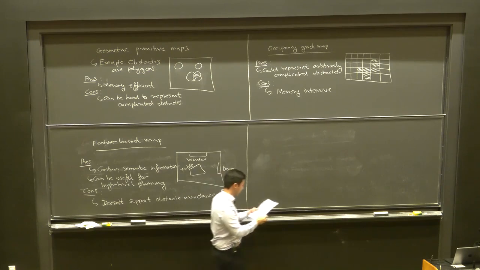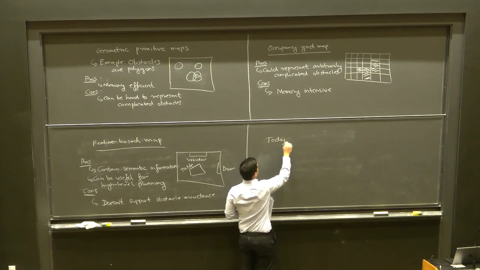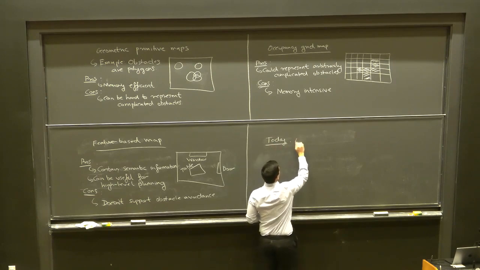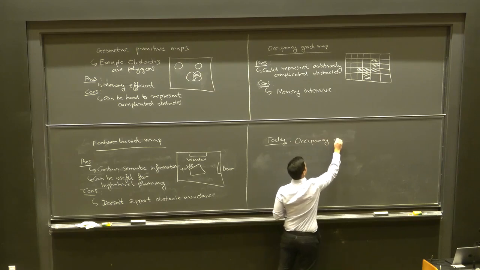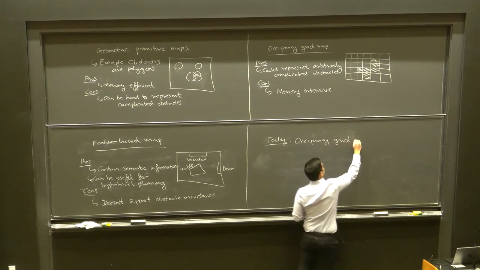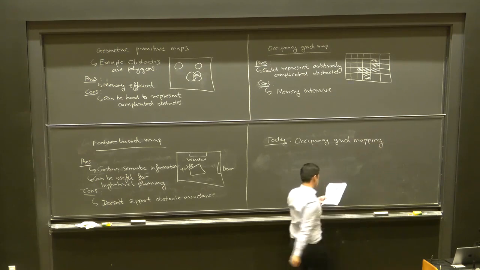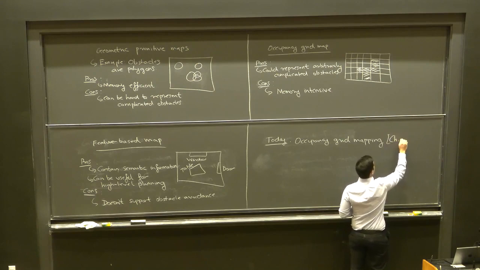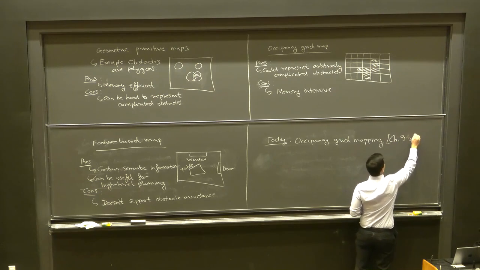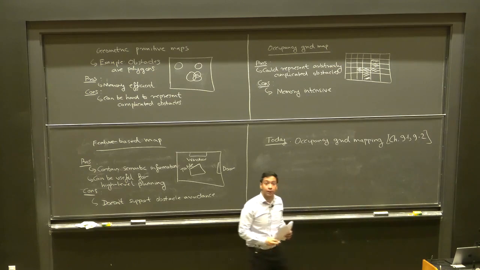But just for the sake of concreteness, I'm going to focus on occupancy grid mapping. The reference for this is chapters 9.1 and 9.2 in the Probabilistic Robotics book.